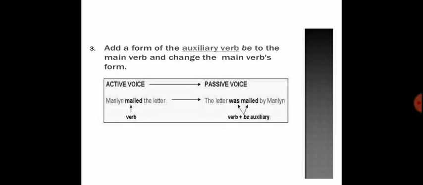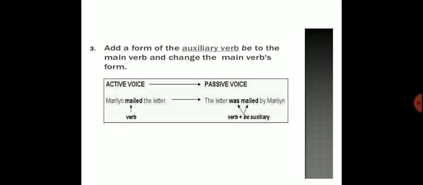Then always blindly convert the main verb into the past participle. Always we are going to use the past participle form of the verb when we convert the sentence from active to passive. To remind you of the third form of a verb, you have to learn the three forms of the verb. Then use the word "by", which is a preposition, before the subject in the passive voice.